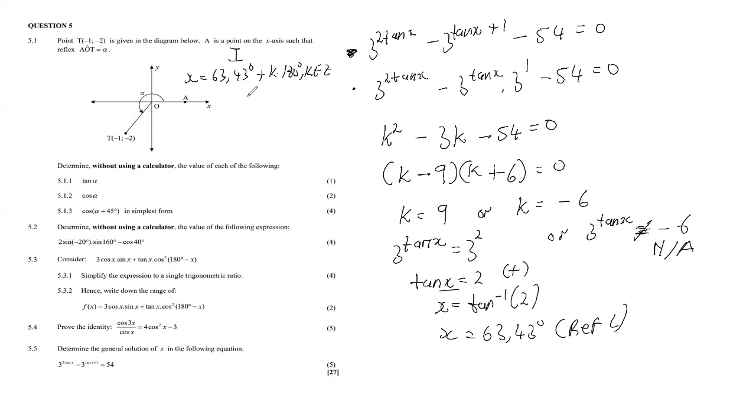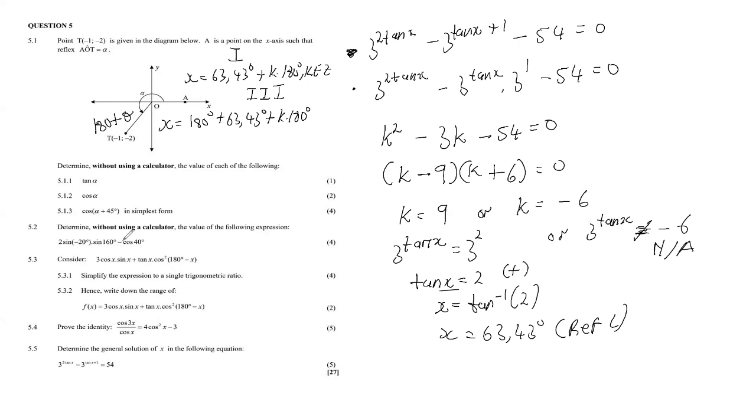But then again, tan is positive in the third quadrant. So let's find the general solution in the third quadrant. We have x equals, remember, in the third quadrant, the reduction formula is 180 plus theta. So that's 180 degrees plus 63.43 plus k 180 degrees.